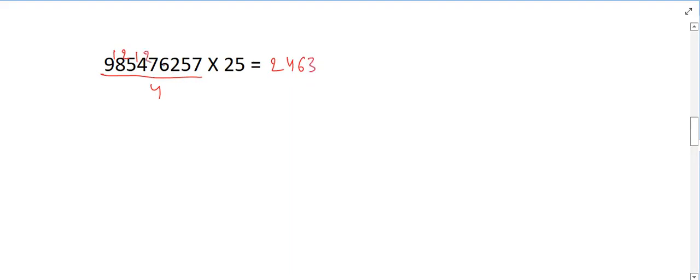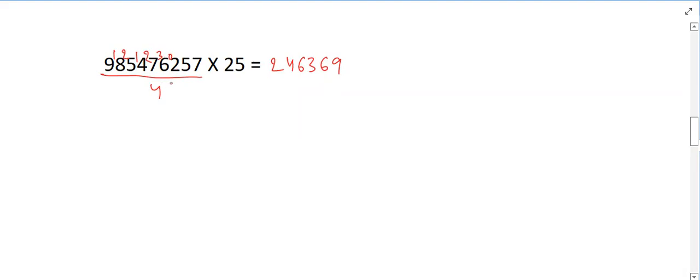Now 27. 6 with remainder 3. Now it is 36. 9 with remainder 0. Now it is 02. 4 will not go. What can we do?